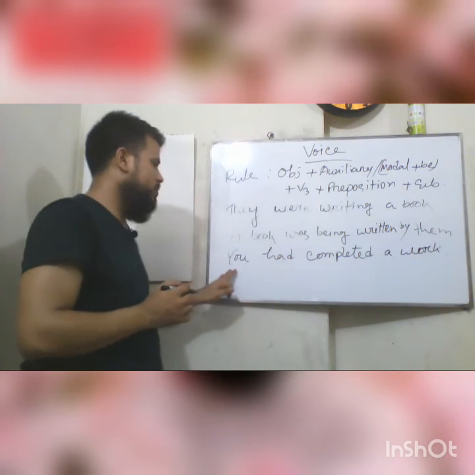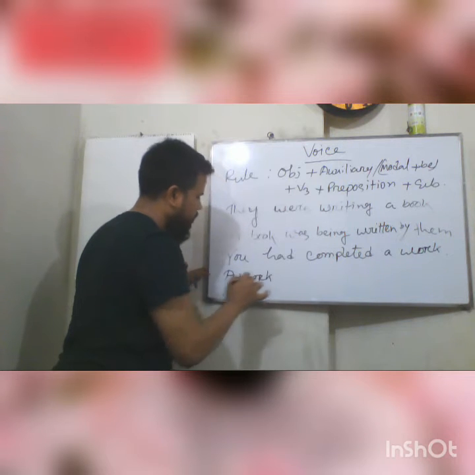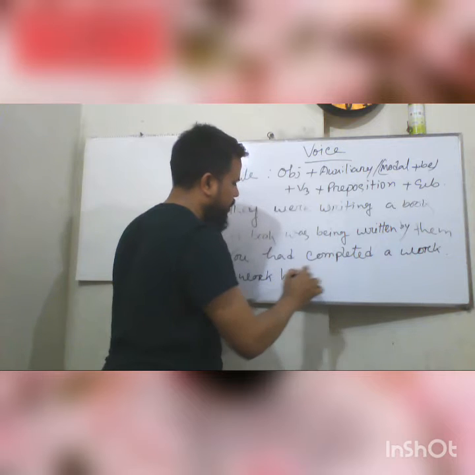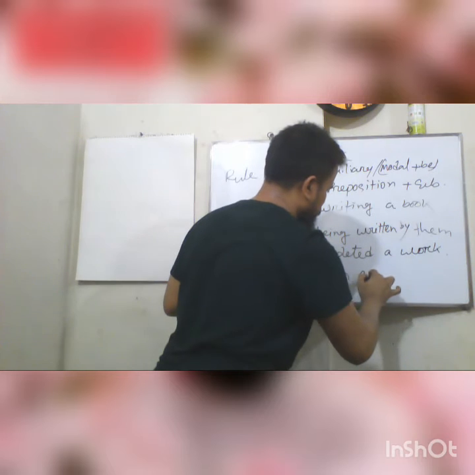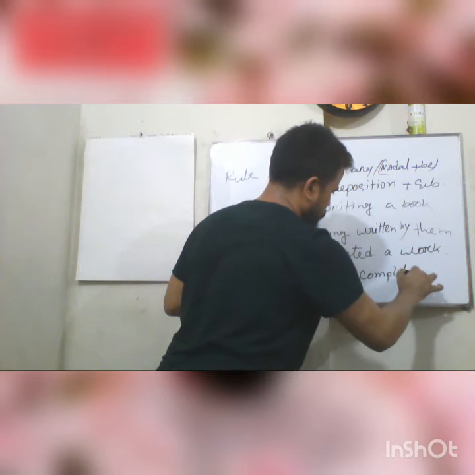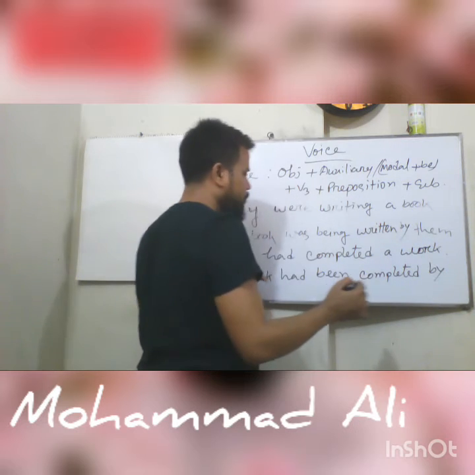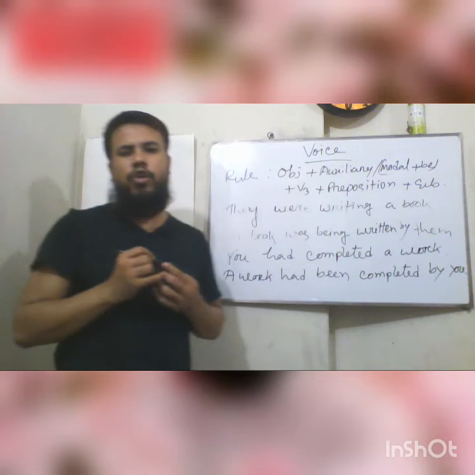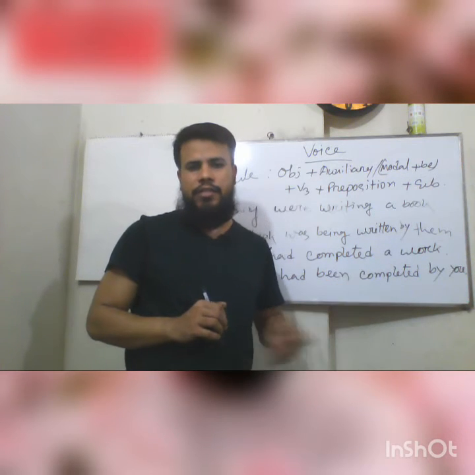Then the auxiliary verb had with been. And then verb 3, completed. And then the preposition by. Finally, you to you. You is not changed. So it's a past perfect tense.